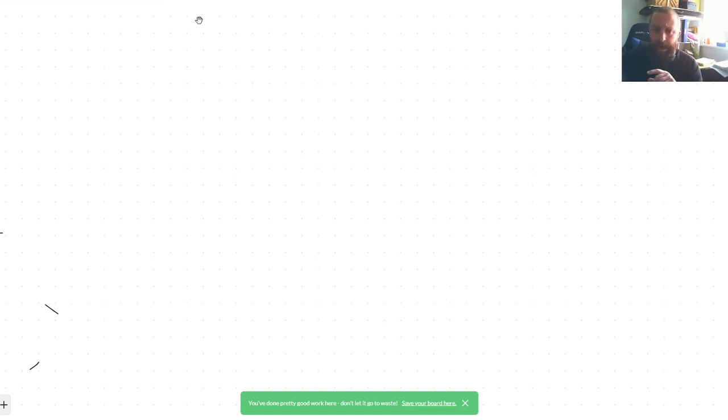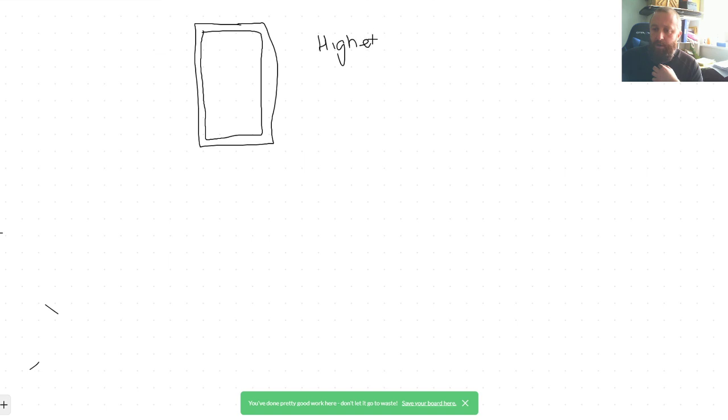Plant cells are a little bit different. So let's say we've got our plant cell. So let's just say we've got a higher concentration, I'm going to say, of water. Hopefully we've got our heads around that means that's going to be a low salt concentration.